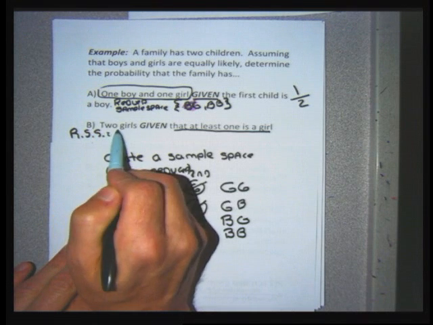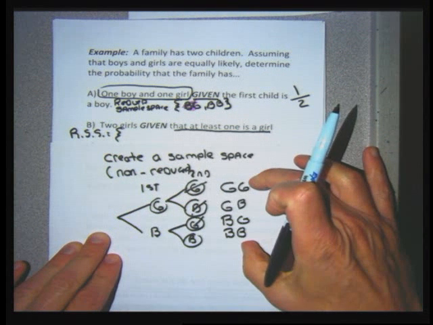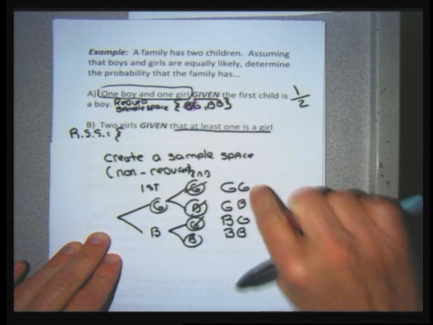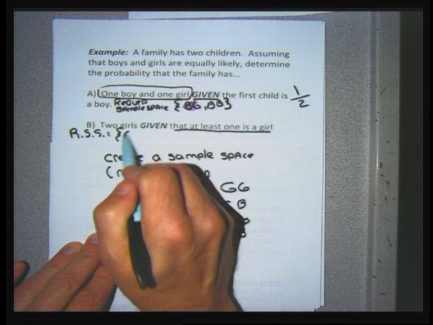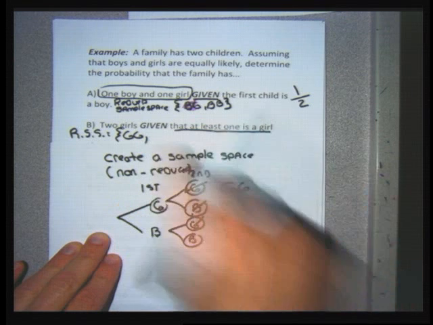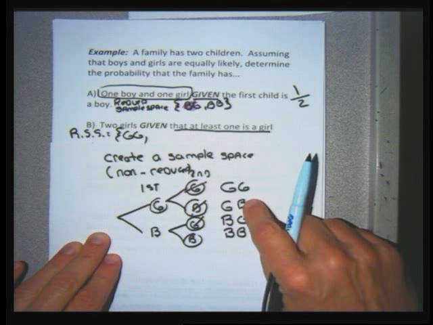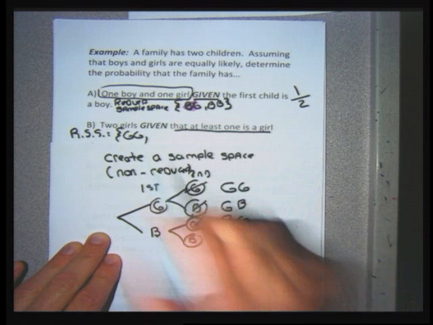And what I need to do is go through the complete sample space and find anything that fits the criteria that there's at least 1 girl. The first element in the sample space, girl-girl, fits the criteria that there's at least 1 girl, so I'm going to include it in my reduced sample space. The second element of the complete sample space, girl-boy, there's a girl, so there's at least 1 girl.